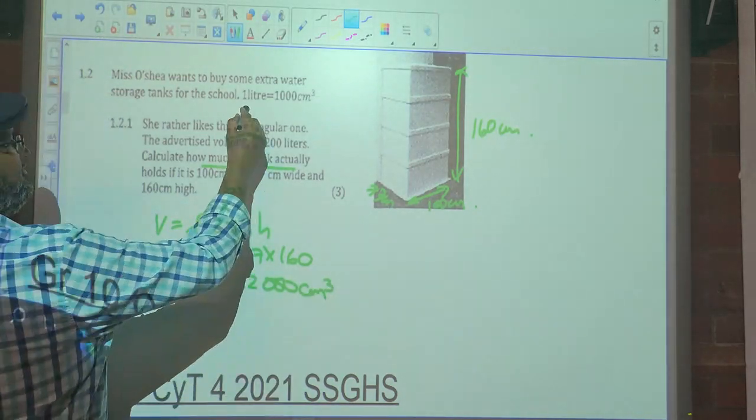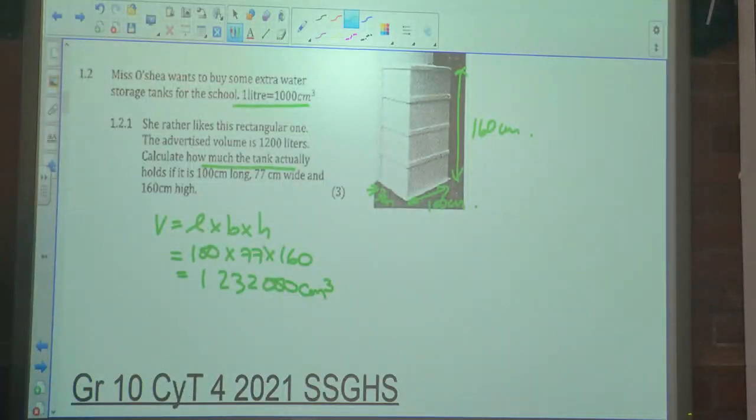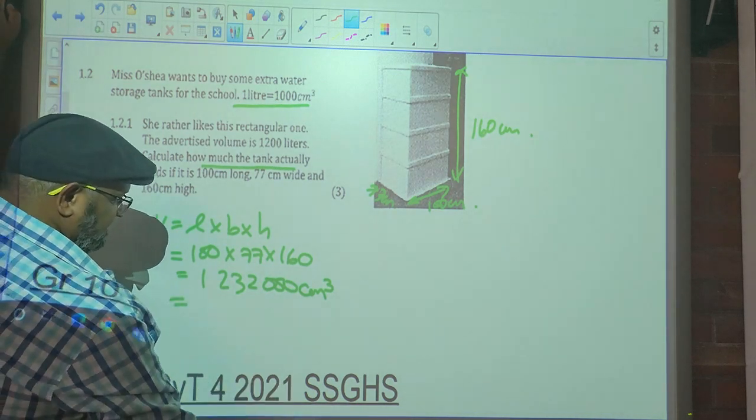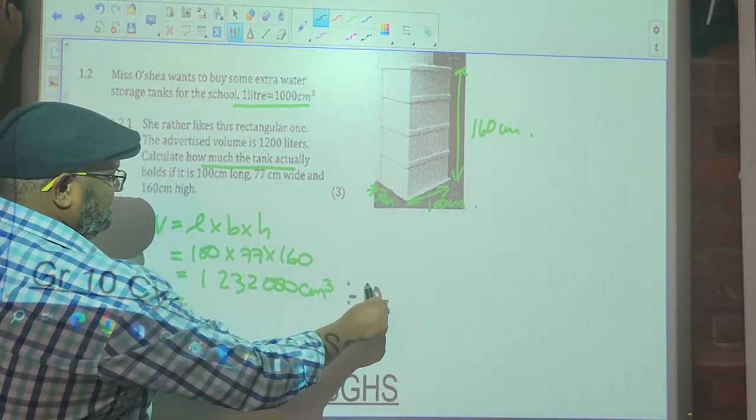Not so. 1,000 centimeters cube is going to be 1 liter. How many liters does this thing hold? So divided by 1,000.